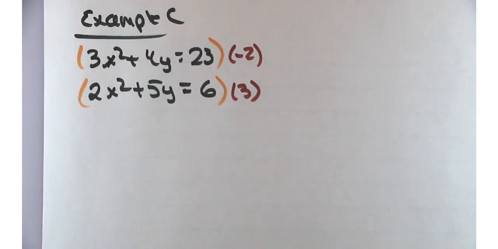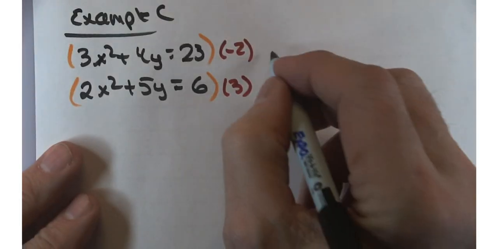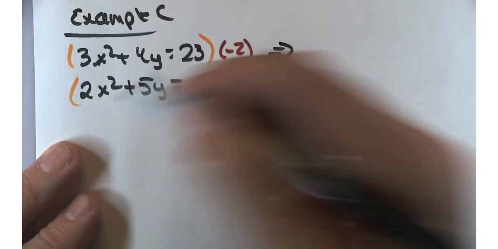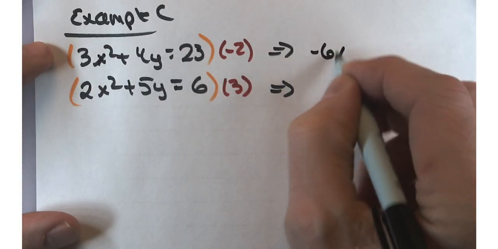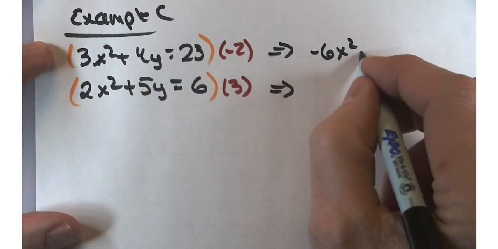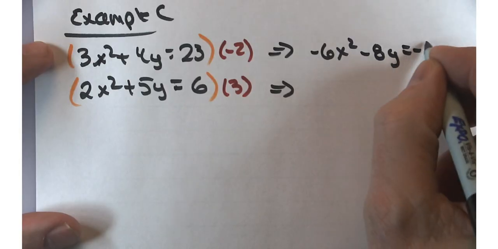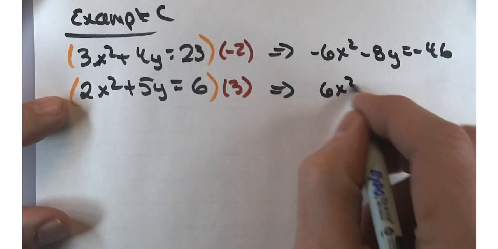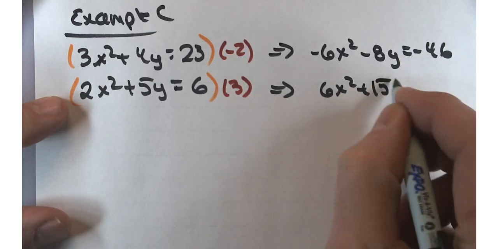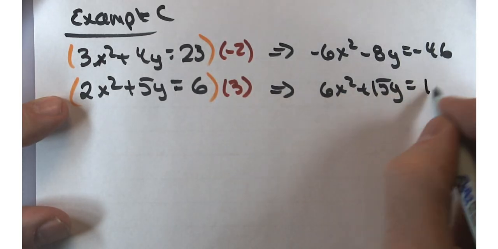That way we'll get coefficients of -6 and 6 respectively. And that'll help us cancel out the x squared terms. So that's going to be -6x squared minus 8y equals -46, added to 6x squared plus 15y equals 18.